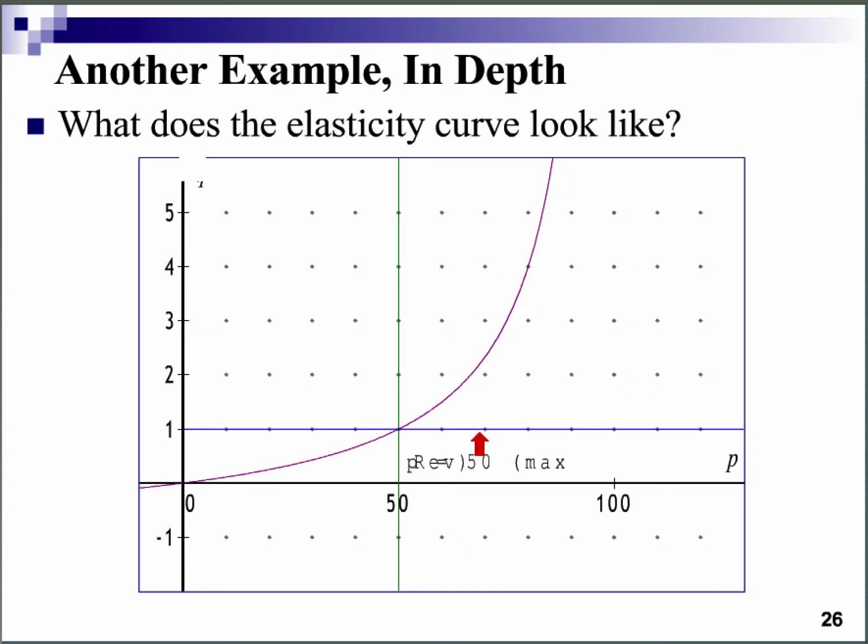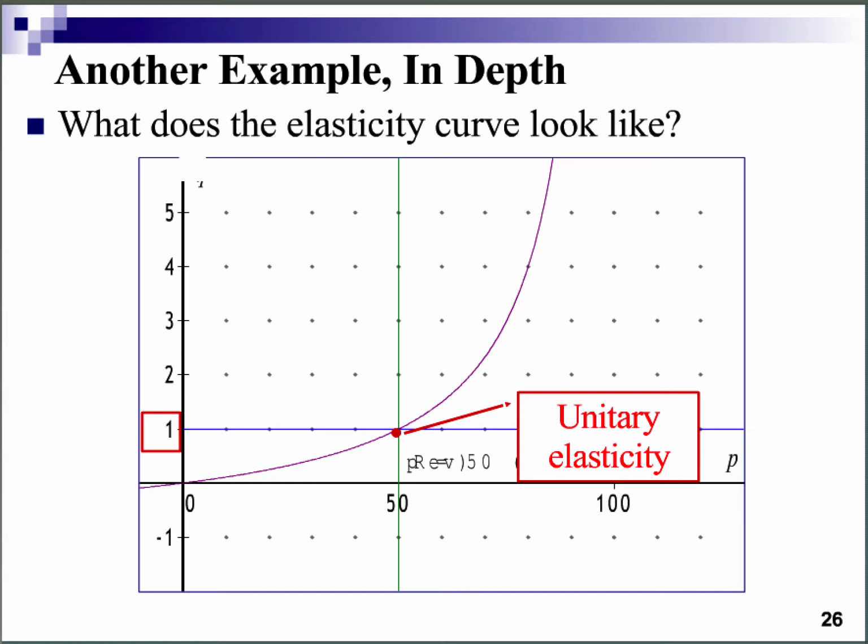Now notice all of these curves, there's a vertical line, a horizontal line, and then the elasticity curve. All of those curves intersect at that point right there when P is equal to 50, but notice it's also when your elasticity value is unitary. So unitary elasticity, E, which is measured on the vertical axis, is equal to 1 when the price is equal to 50.